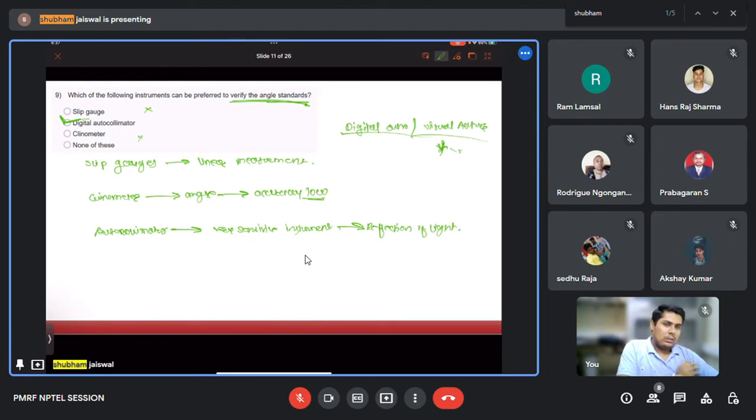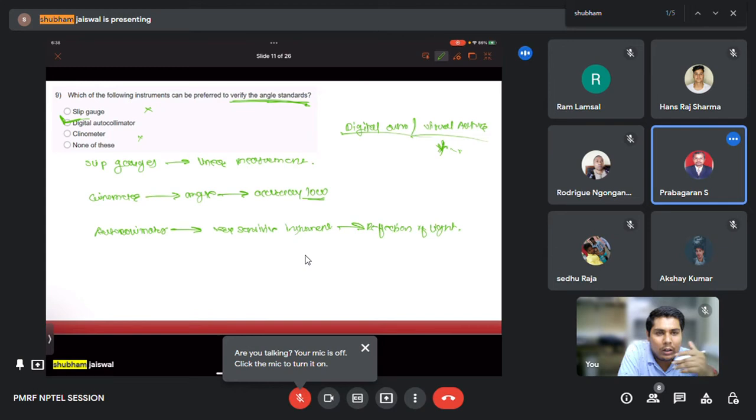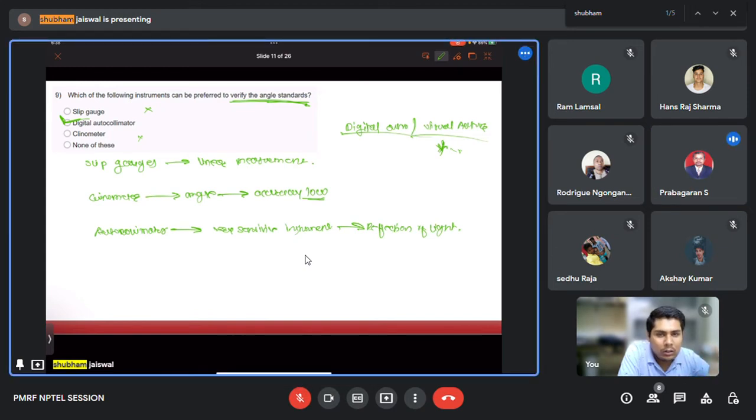Sir, I will look into this. Next time I will explain to you, because these are all the same. But in the laser autocollimator, we are using a monochromatic laser, and in a digital autocollimator we use collimated beams.